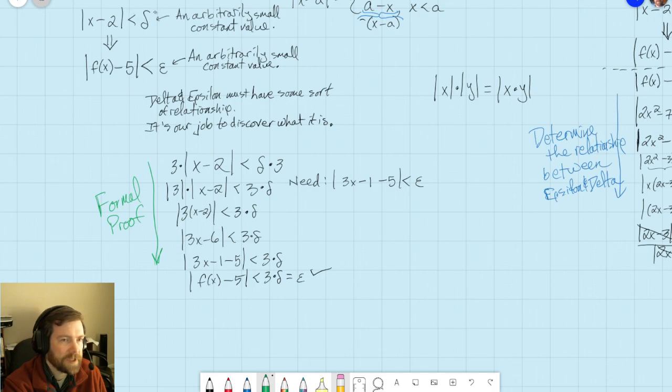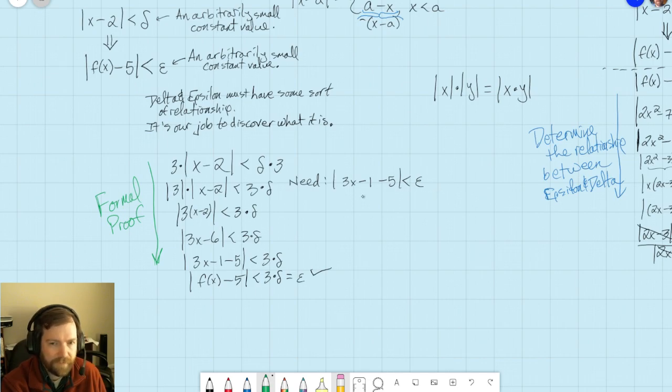The absolute value of x minus 2 is less than delta, and the absolute value of f of x minus 5 is less than epsilon. Looking at the form that these take, we have absolute value x minus 2 is less than delta. We need absolute value 3x minus 1 minus 5 is less than epsilon.